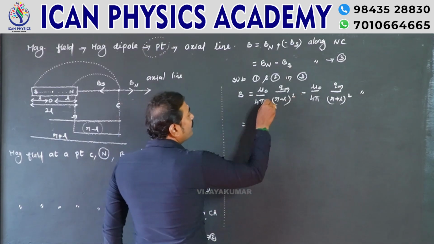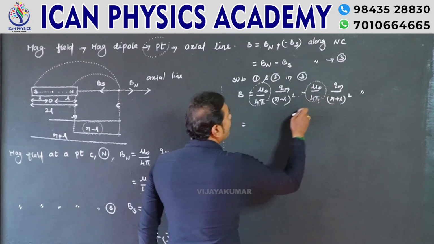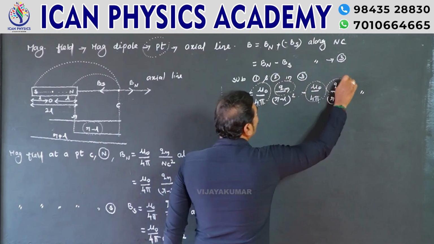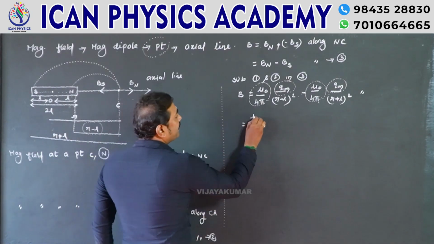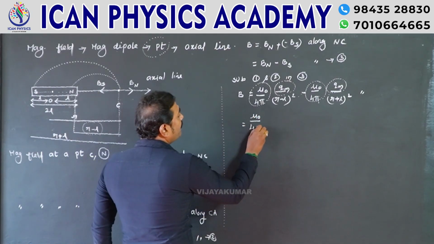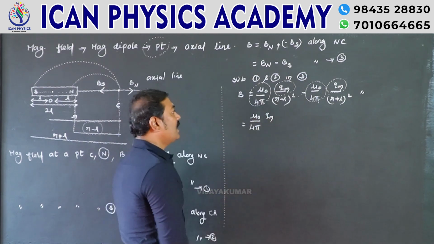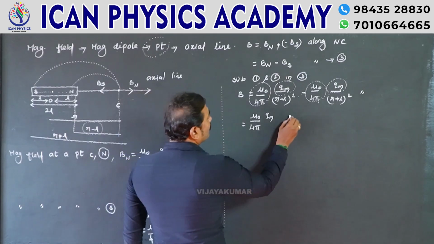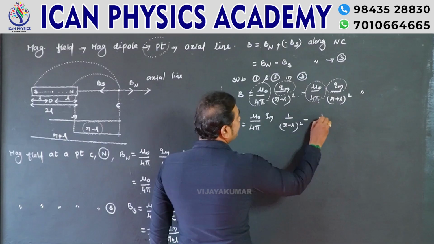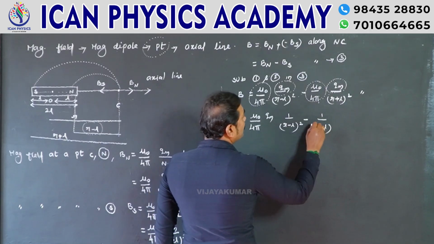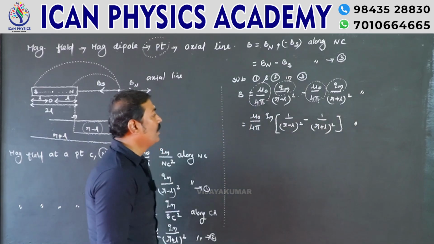Okay, so before the minus, after the minus, mu naught by 4 pi, mu naught by 4 pi QM. So இதை என்ன பண்ணிடலாம், காமனா வெளியே எடுத்துடலாம். அப்ப வெளியே எடுத்தா mu naught by 4 pi எடுத்தாச்சு, QM அதையும் காமனா எடுத்தாச்சு. அப்ப மிச்சம் என்னையா இருக்கும் அப்படின்னா R minus L the whole square minus R plus L the whole square, okay, along NC.